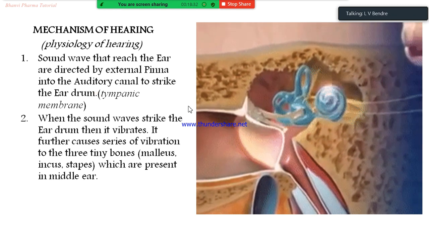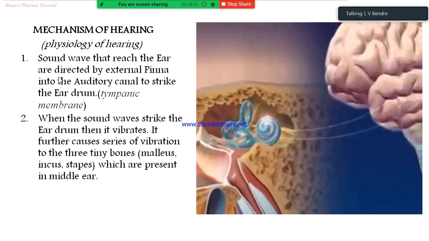It is an animated diagram. First are the sound waves.